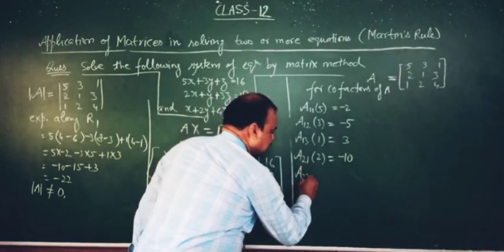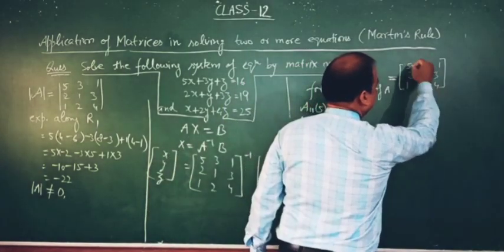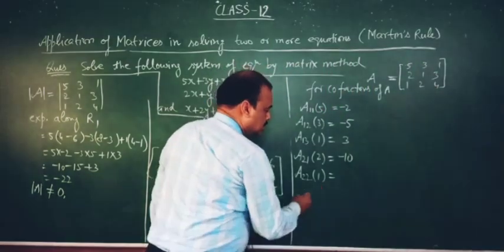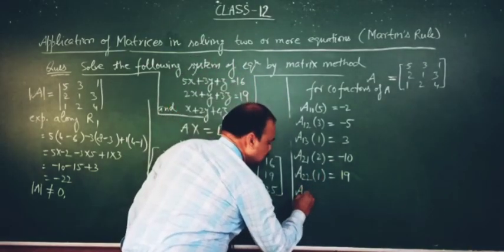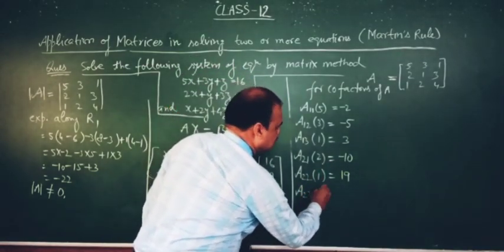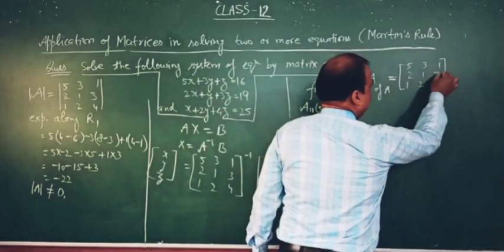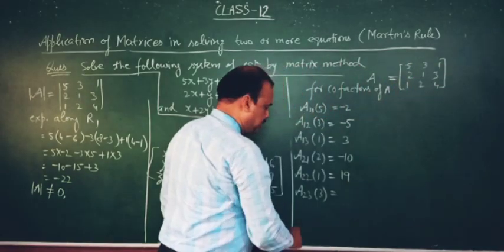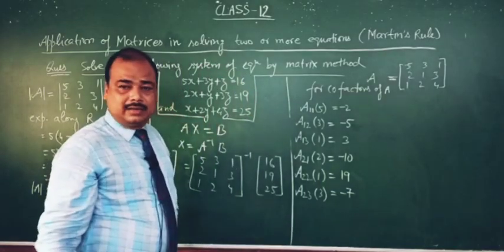Cofactor of second row second column: 20 minus 1, it means 19. Cofactor of second row third column, the element is 3: 10 minus 3, 7, and the sign will be changed, it means negative 7.